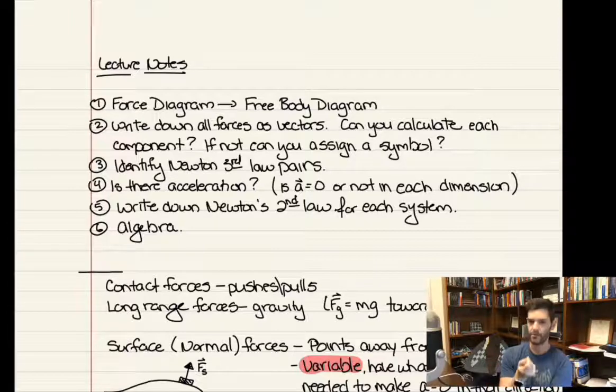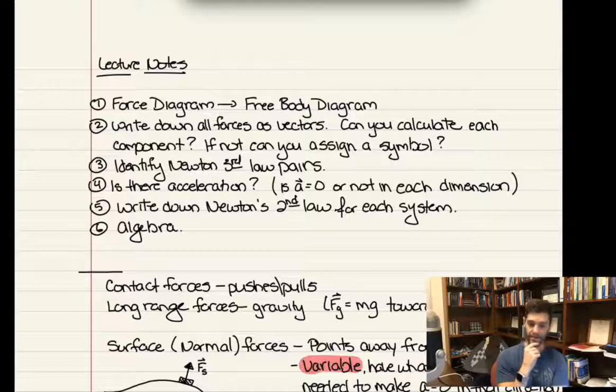So if you don't know what the value is, maybe you give it a symbol. If you really like to call something the normal force, maybe it's capital N is the symbol you give it. Once you've identified all the vectors that make up the forces in your problem, identify Newton's third law pairs.